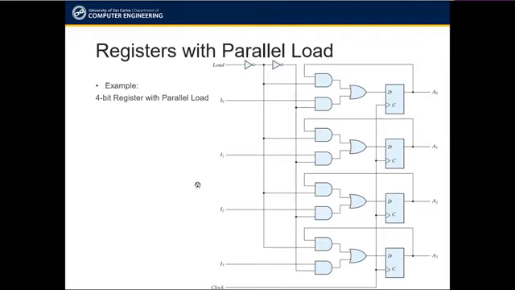Here is another example of a register. It is a 4-bit register with parallel load. If we try to analyze what the circuit does, it reflects the inputs I0, I1, I2, and I3 at the outputs A0, A1, A2, and A3 respectively when the load input is set to 1 here and the correct clock input is supplied to each of the 4 flip-flops.